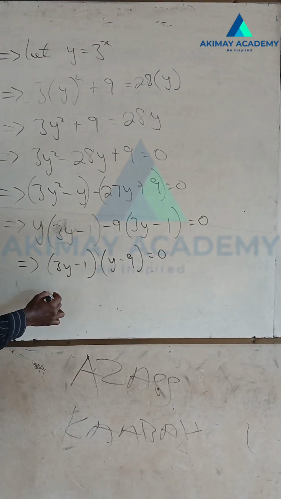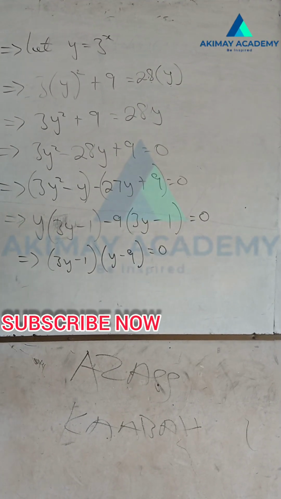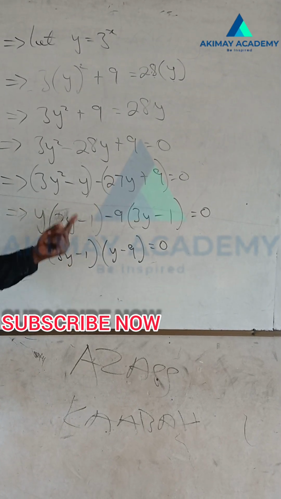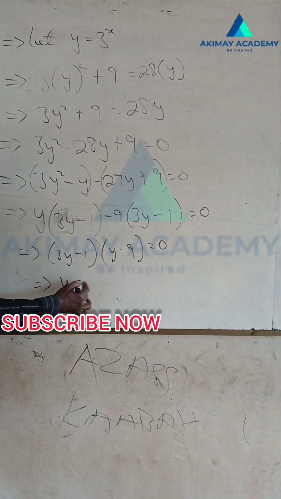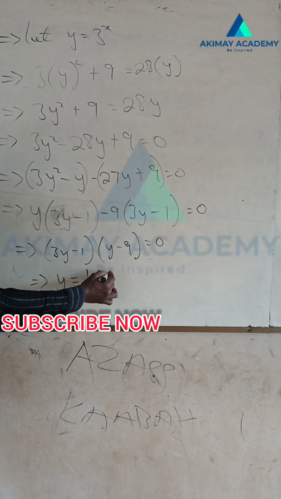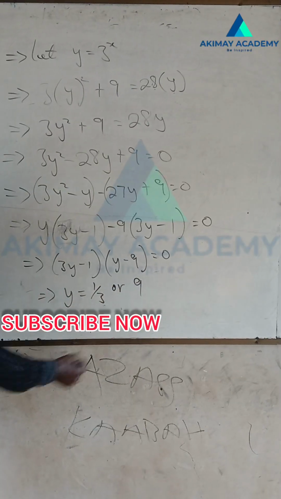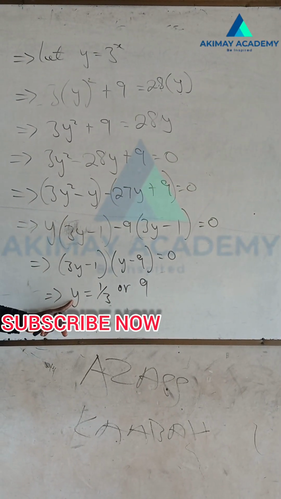So here we can see that our y is either this one is equal to 0 or this one is equal to 0. If this one is equal to 0, you make y the subject and you get 1 out of 3. So our y over here is going to be 1 out of 3, or over here we are going to get 9. But remember that y is not on its own.